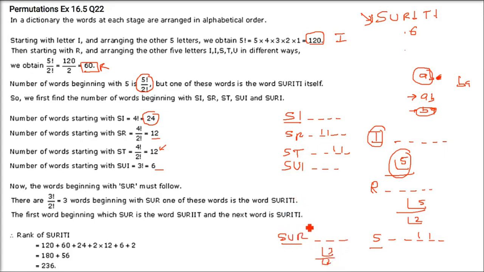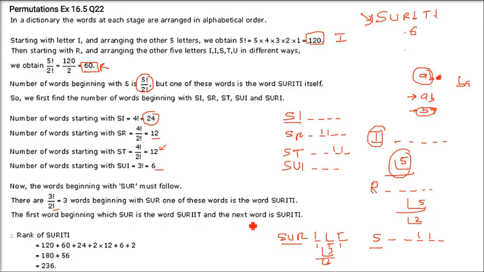But in this factorial 3 by factorial 2, ITI will come and IIT will come, and with SUR, IIT may come or ITI may come. So if you see lexicographically, ITI will come after IIT.